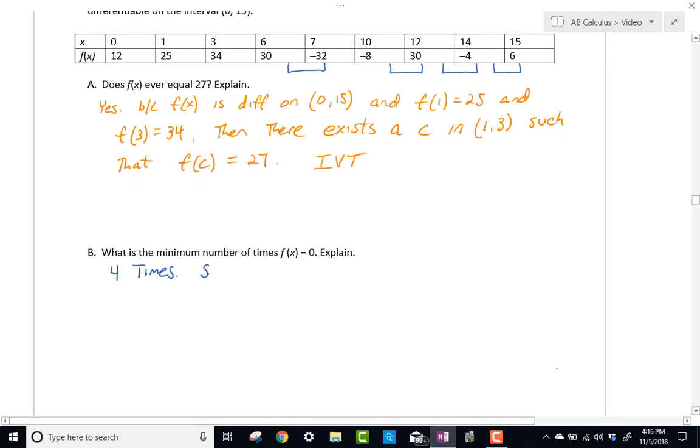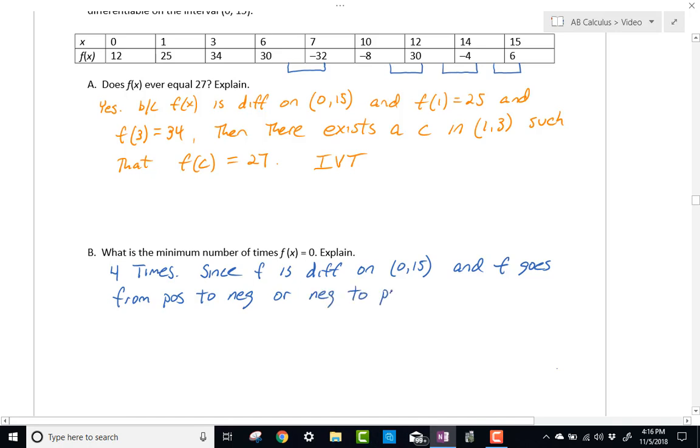So we're going to say since f is differentiable, and therefore we know it's continuous on 0 to 15, and f goes from positive to negative, or negative to positive on these intervals, okay?